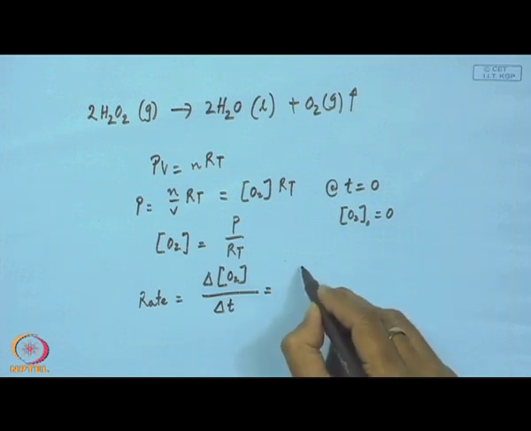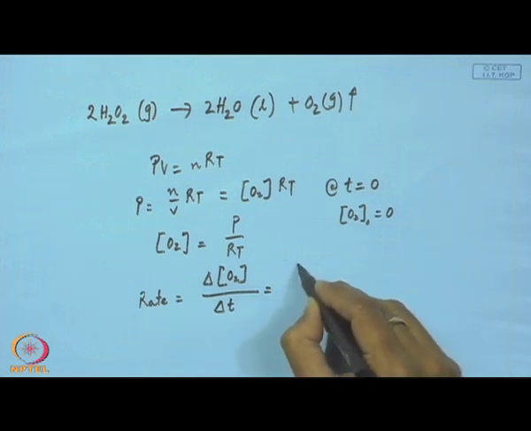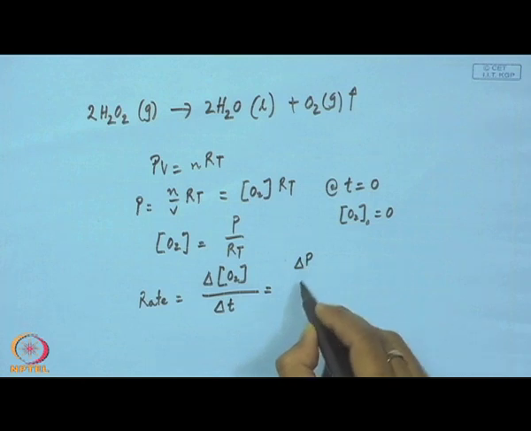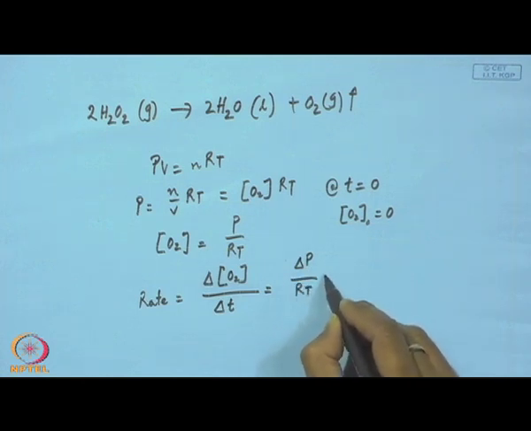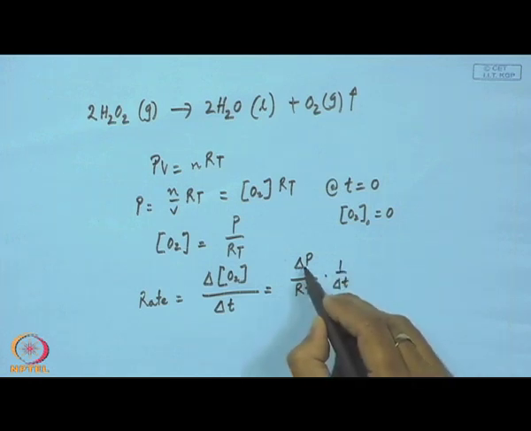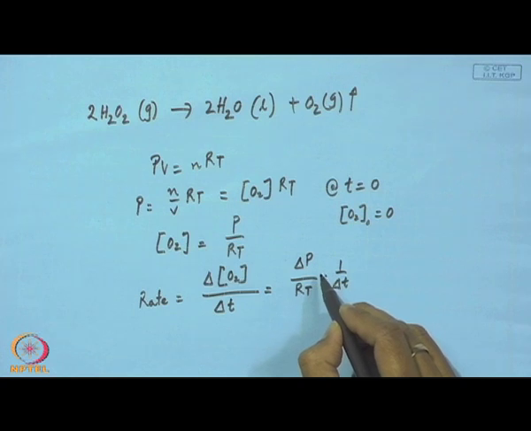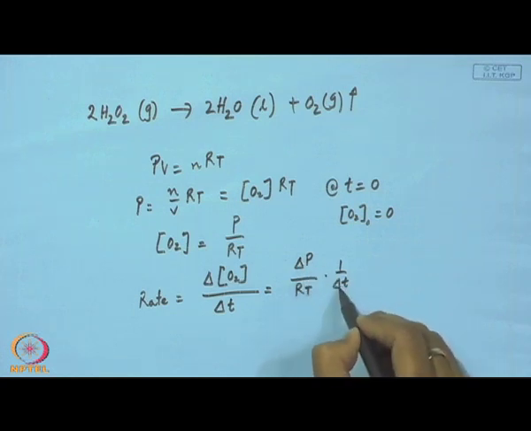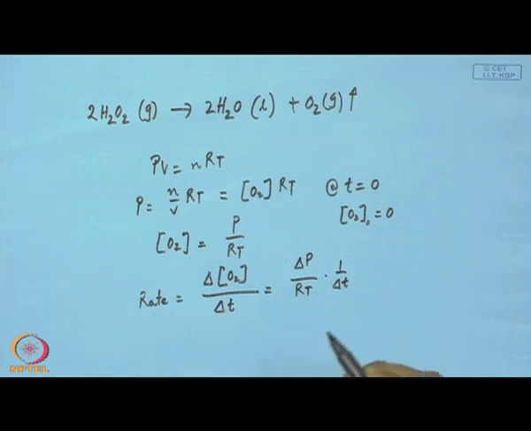That is why it will be delta P by RT into 1 by delta t. Delta P means change in pressure. So, if we measure change in pressure as a function of time, we should be able to find out the rate of reaction and the corresponding other parameters involved.